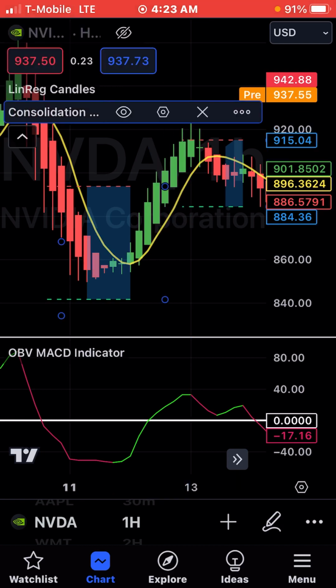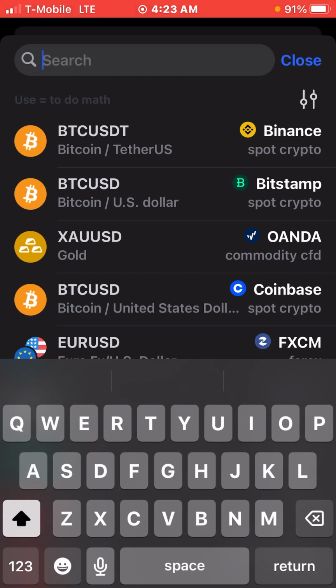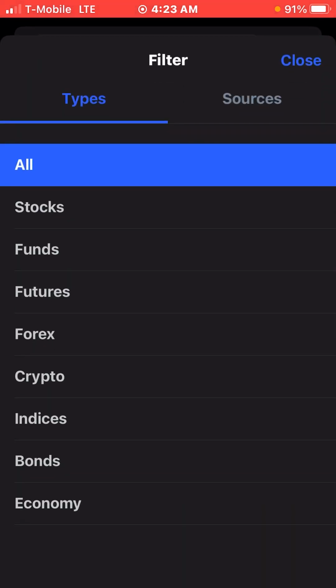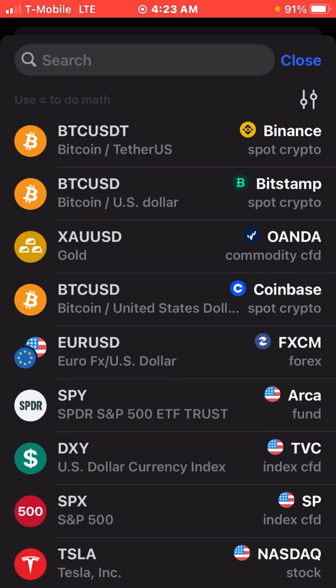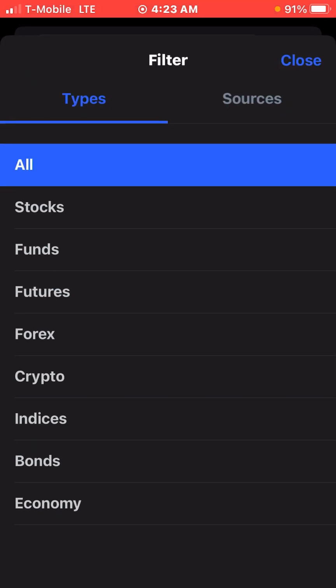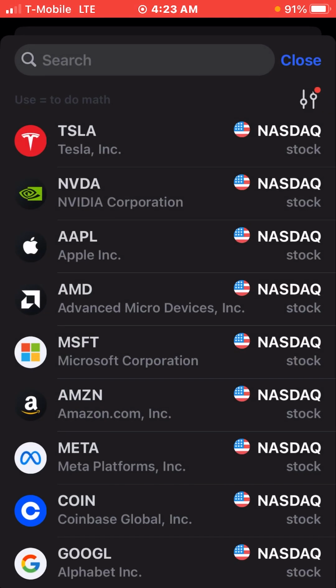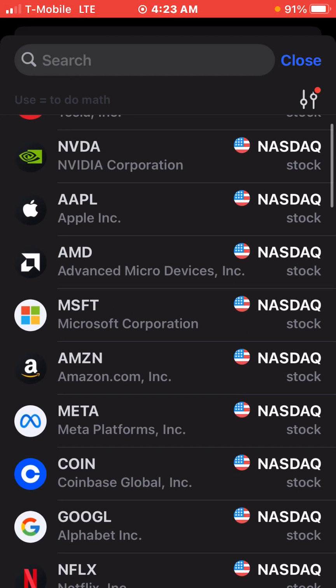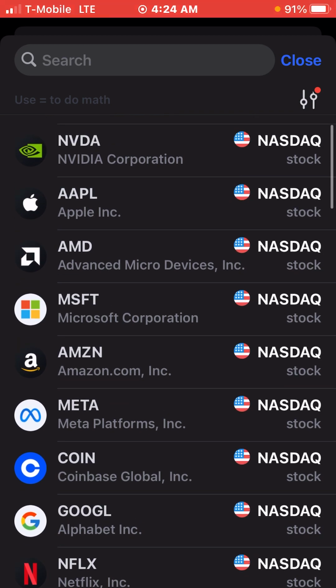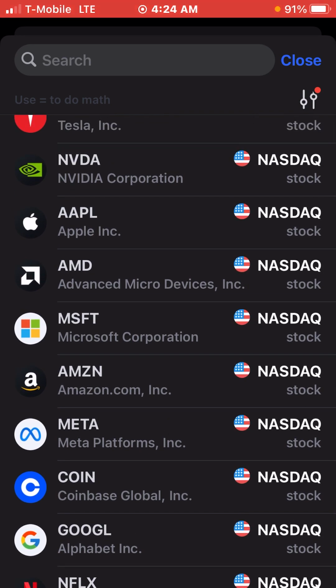So let's look at one more stock real quick. Let's look at one that's not as expensive. Well, we did some pretty good high gain ones here.